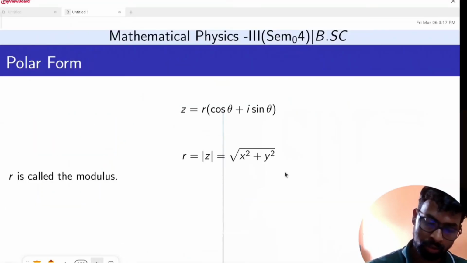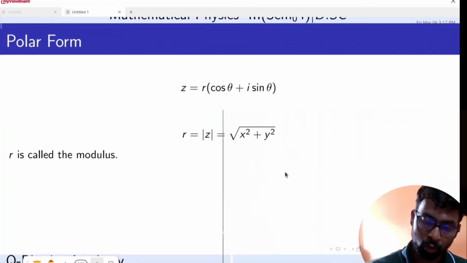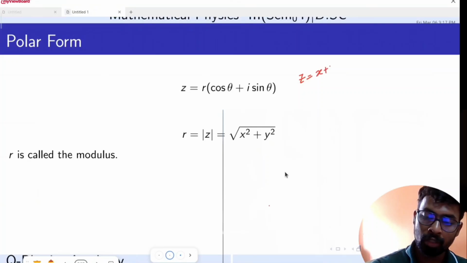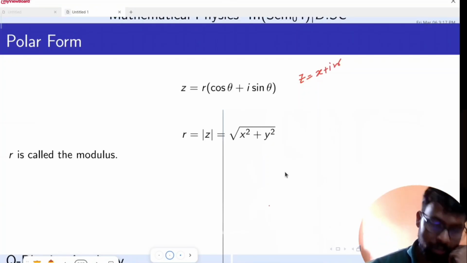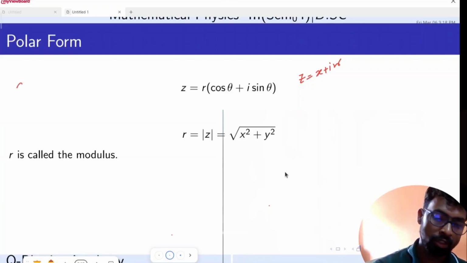Now we have to focus on the polar form of a complex number. We already covered this part. We already know the complex number is represented as x + iy. We have the relations between polar coordinates and Cartesian coordinates: x = r cos theta and y = r sin theta.